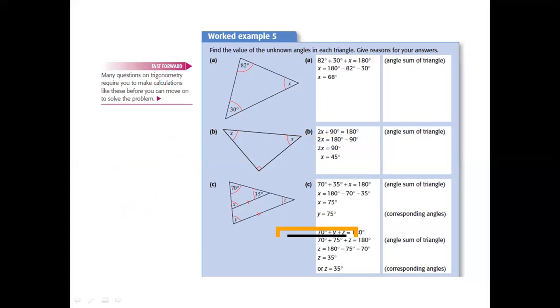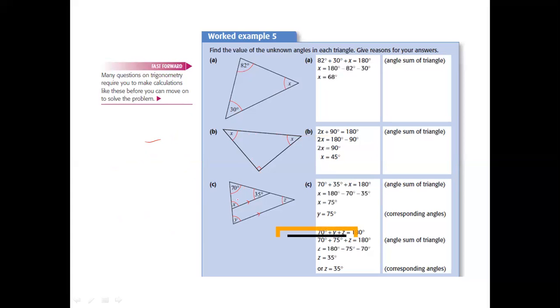And what about c? Okay, c is also a triangle, but it has many properties of triangles.